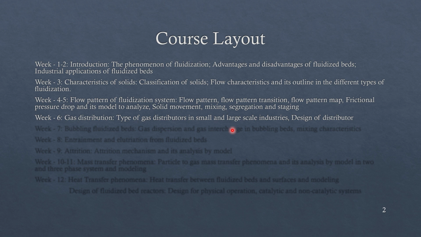For example, we can use a porous distributor at a small scale, but in industrial scale, we need to go for perforated distributors or bubble caps and so on. Depending on the type of distributor, the pressure drop varies, and hence the design is very important.